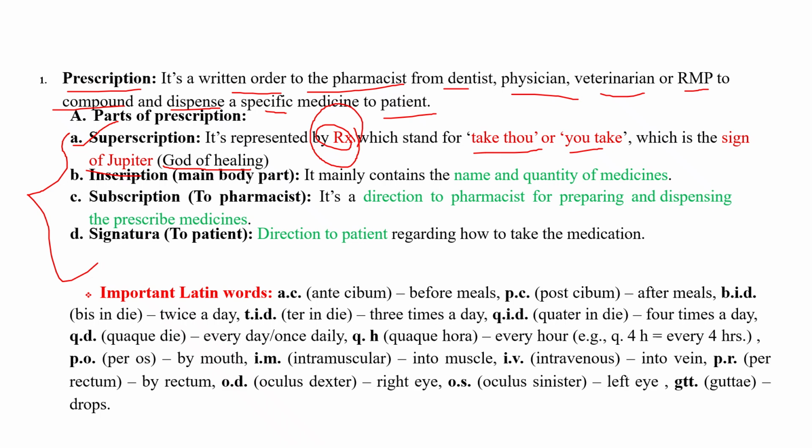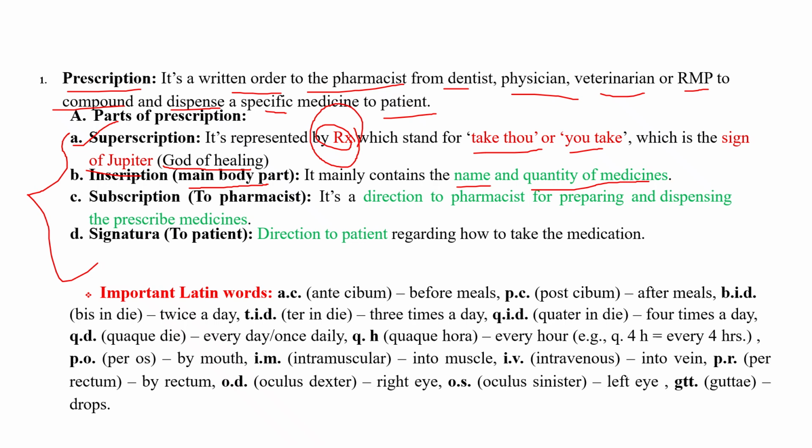Next important part is inscription. Inscription is nothing but the main body part of any prescription, and it mainly contains the name as well as the quantity of medicine, meaning how much medicine will be dispensed.